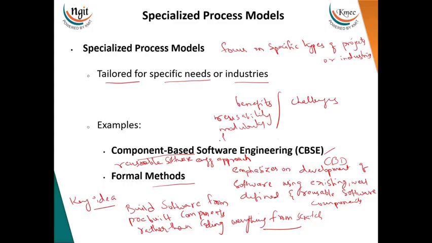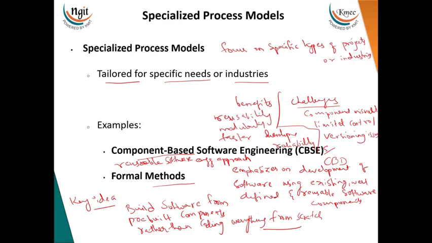One more benefit is faster development, and one more benefit is reliability. Then what are the challenges that we have? Challenges are component mismatch, then limited control. I'll talk about each one, don't worry. Limited control, and some versioning issues, which are very common in our software development. And the biggest challenge would be security risks.